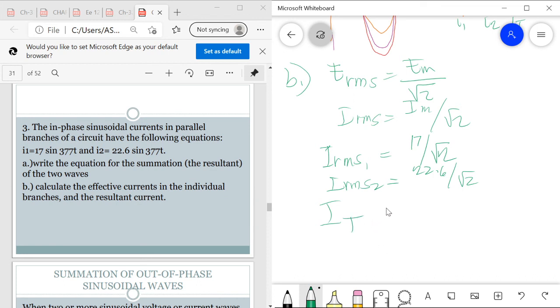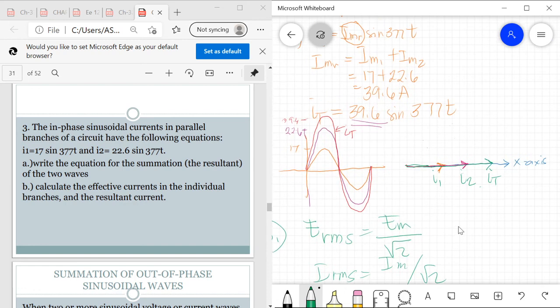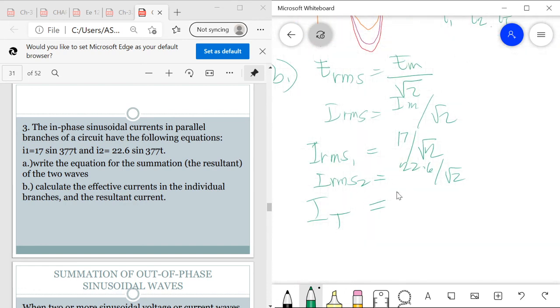IT will be equal to the sum of IRMS1 and IRMS2, or 39.6 divided by square root of 2, or IRMS1 plus IRMS2. So that is equal to 28 amperes.